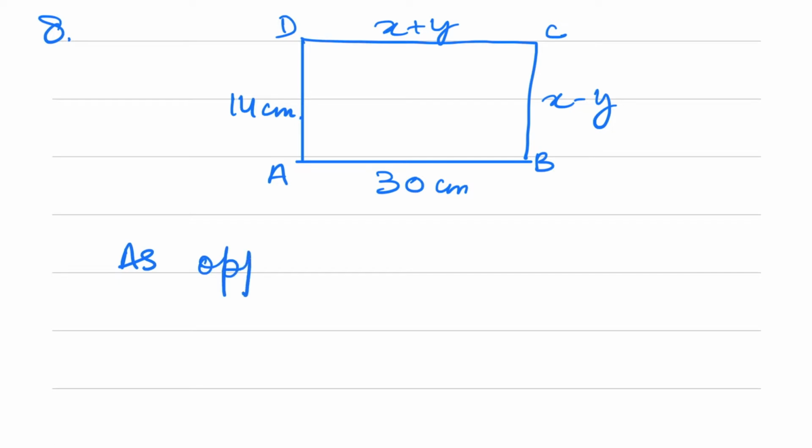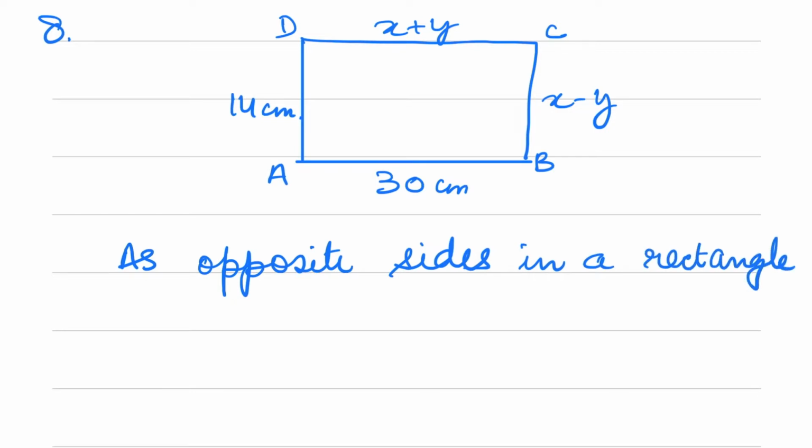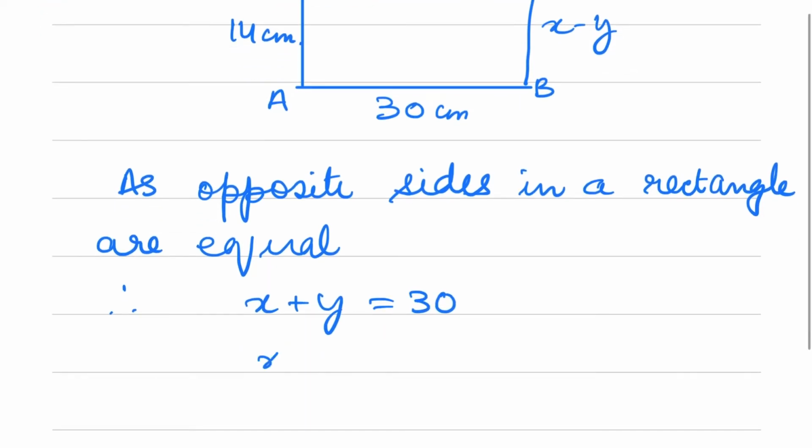As opposite sides in a rectangle are equal, so we can say x plus y is equal to 30 and x minus y is equal to 14.